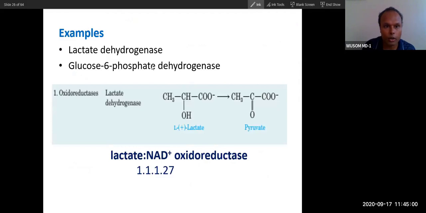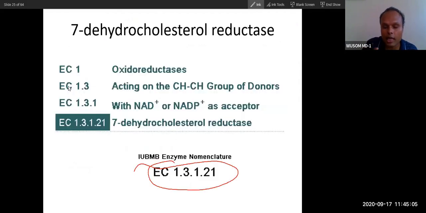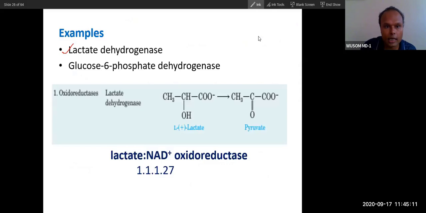Now let's talk about other examples. Lactate dehydrogenase. These examples are very important. All examples are very important. You can see reductase, and from that you can easily understand this is an oxidoreductase. Here you can see dehydrogenase, lactate dehydrogenase. It is extracting hydrogen, that means it is extracting hydrogen from this molecule.